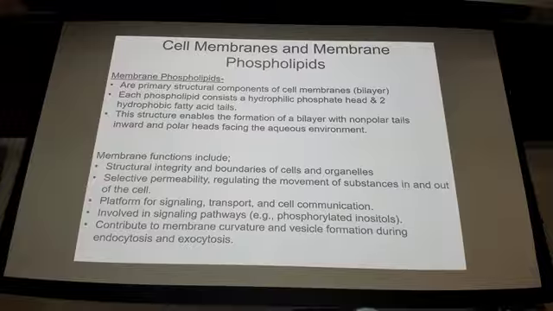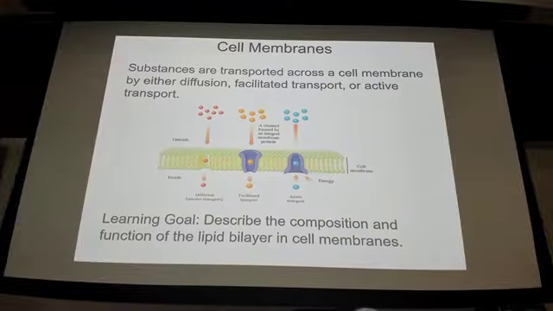The structure of the membrane phospholipids is very important because they regulate what enters and exits the cell. Membrane phospholipids and cell membranes are also very important for cell signaling, cell communication, and they contribute to a cell's shape, size, and curvature, and that becomes very important. We'll talk about some of this as we progress in biochemistry.